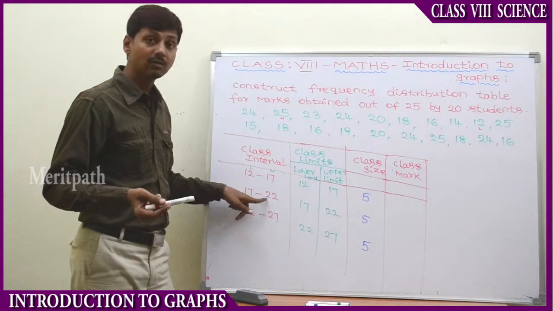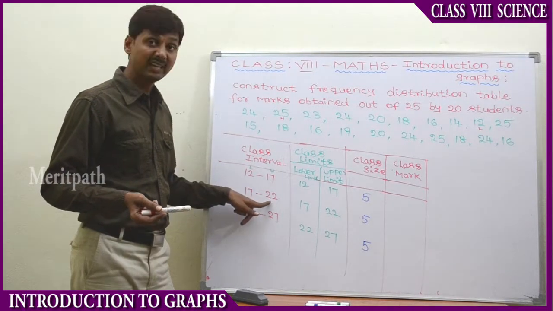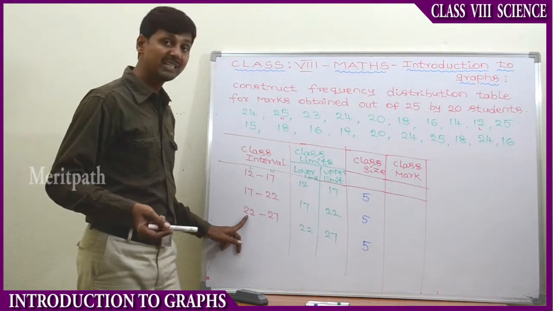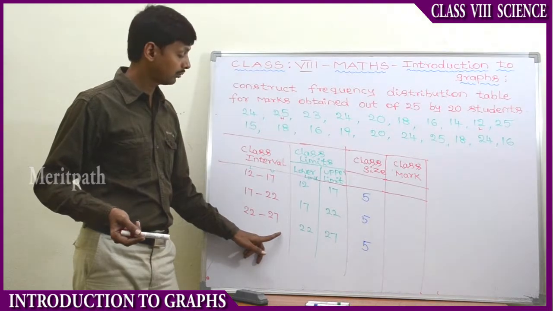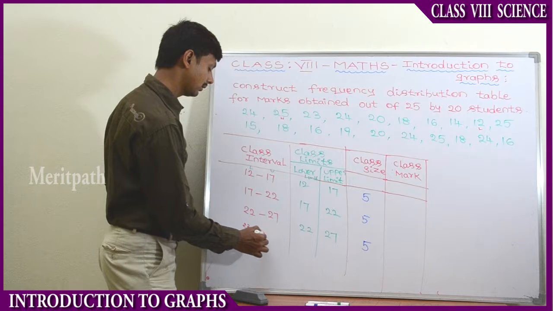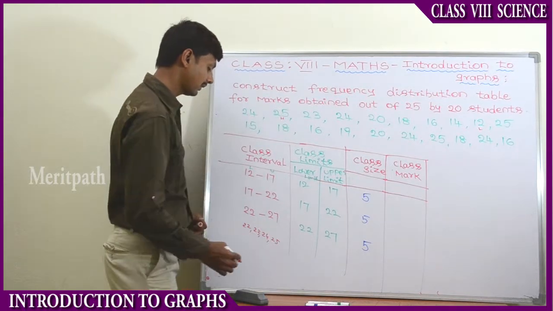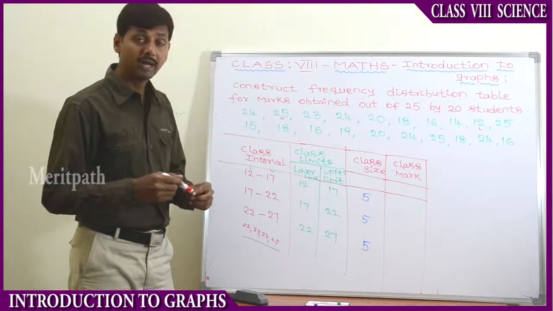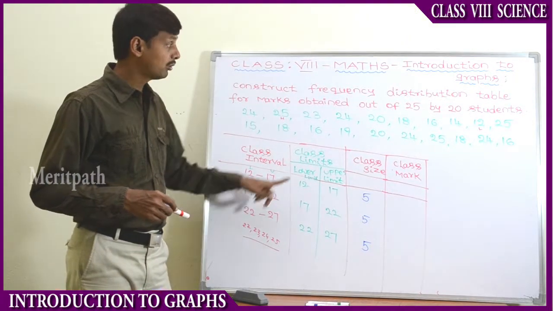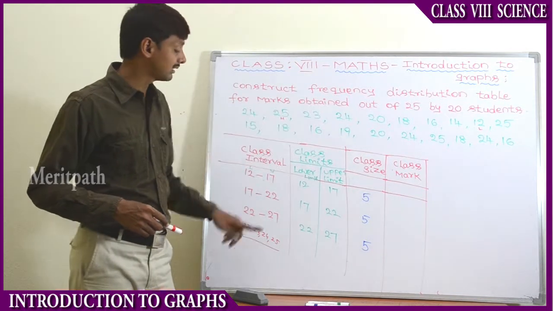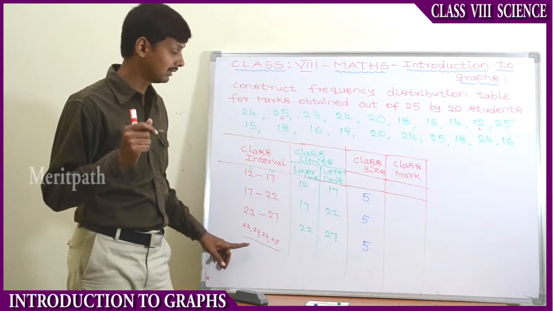That's the reason we count 17 to 21, it is 5. Next 22 to 25, so it becomes 5. Because 22, 23, 24, 25, we got only 4 observations here, since the highest mark is 25.